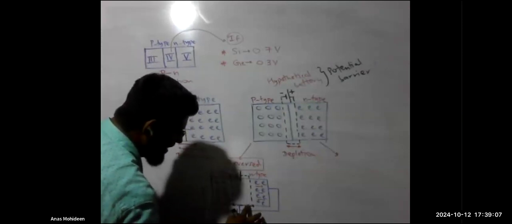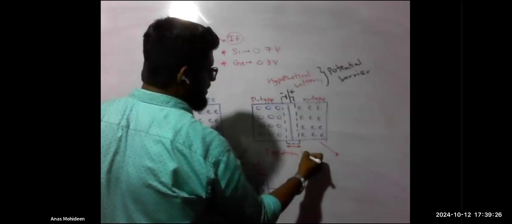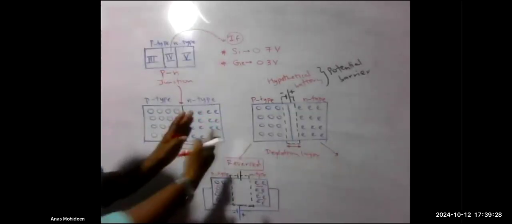You can see the depletion region layer gap is increasing. In a long jump, when the jump distance is increasing, is it easy to jump over? It's hard, right? So it has to be less in length.